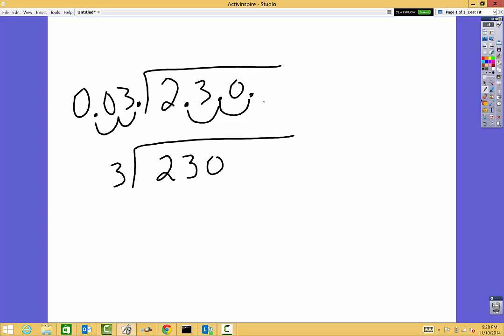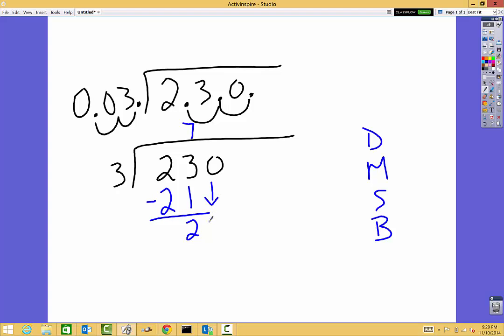Well, what do I do next? Well, I'm going to use my same steps as before. 3 goes into 23. That is 7 times. Now I multiply. 7 times 3 is 21. Subtract.